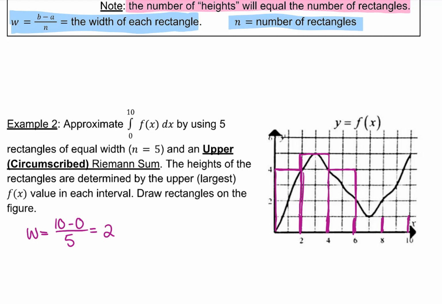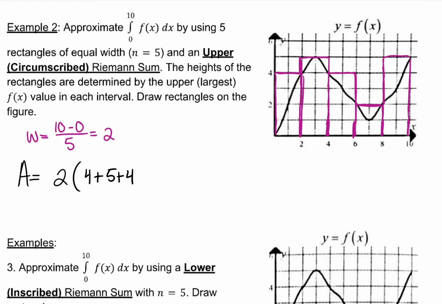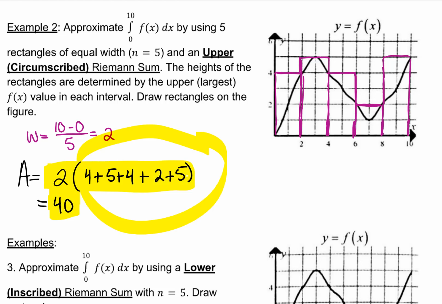The largest y value is on the left and right side of this interval. The largest y value here is the right hand rectangle. Writing our Riemann sum as a sum would be width times the sum of the heights, which gives us 40. Show that sum and show the result.